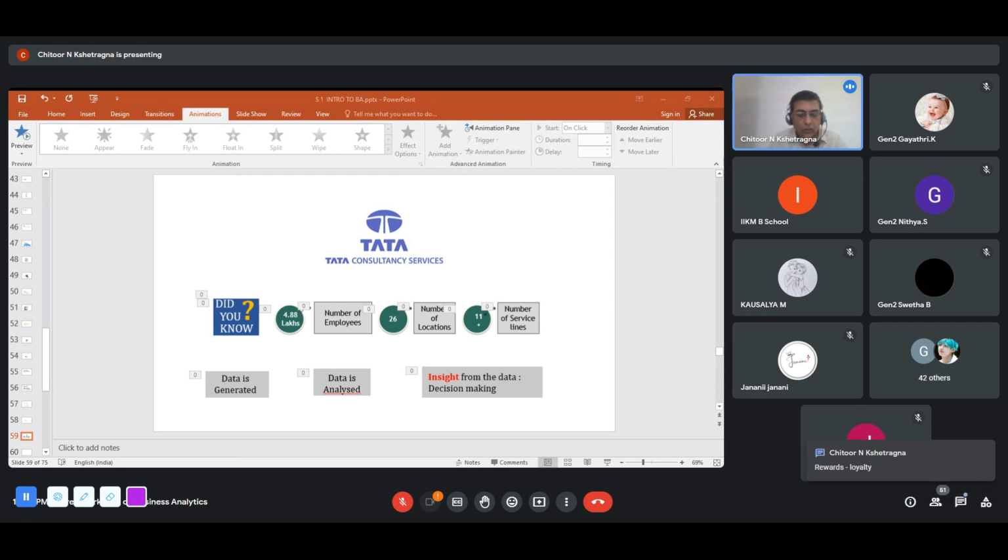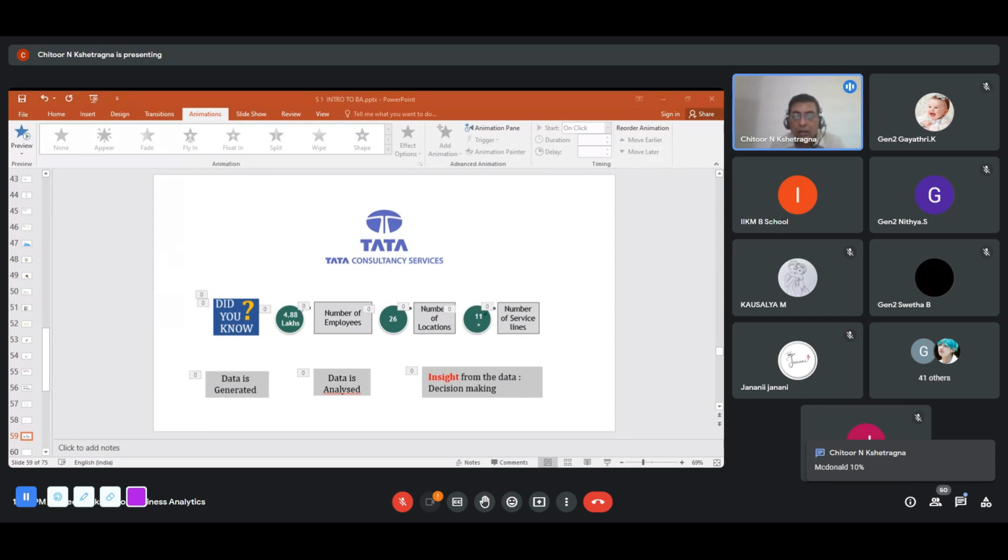They say ₹5 off next transaction, or they'll come back and say boAt earbuds, 20% off, right? Or McDonald's 10% off when you order online. So they give you these offers.